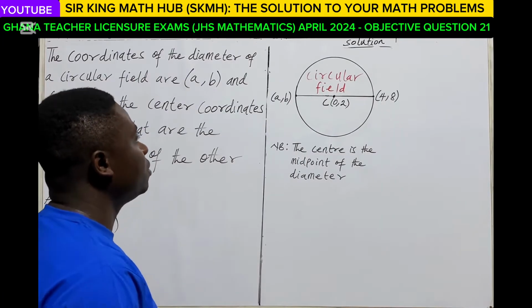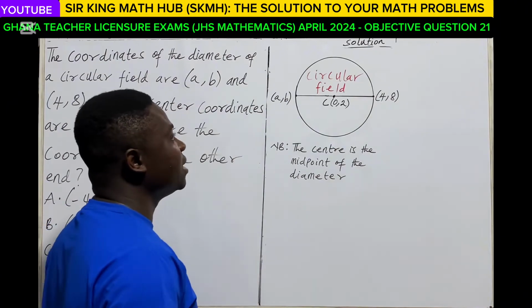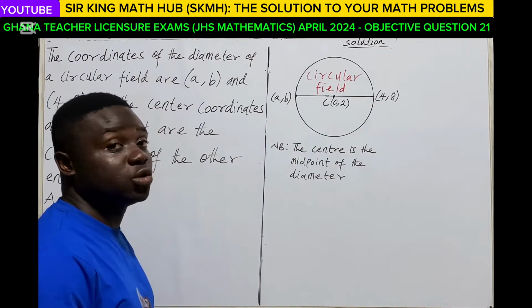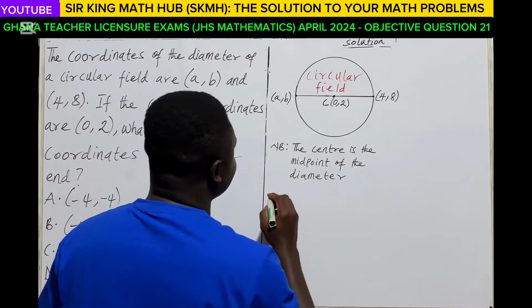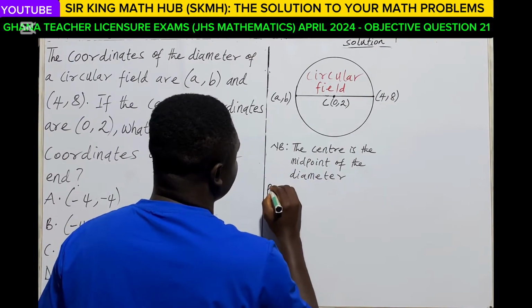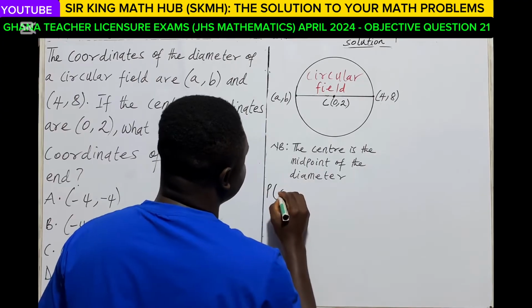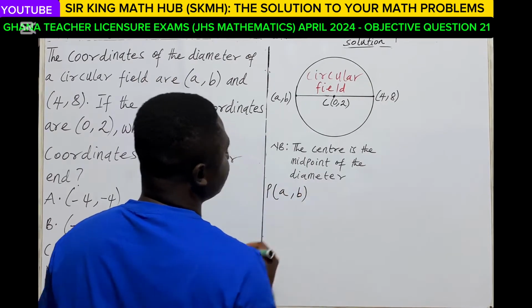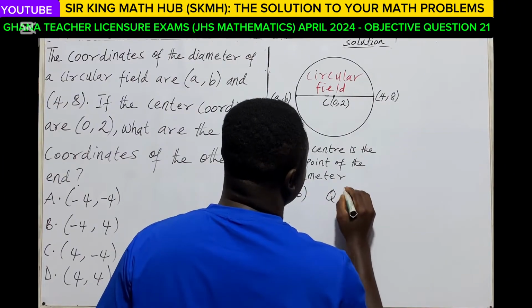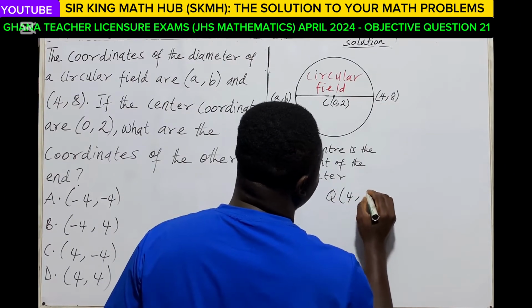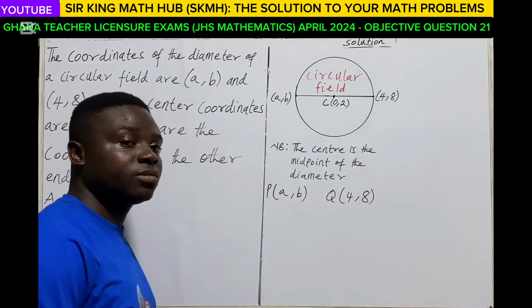Now, to make our calculation easier, you could see that the diameter has 2 points. So let's name the first point as P. P will have coordinates AB, and the second point of the diameter as Q with coordinates 4, 8.